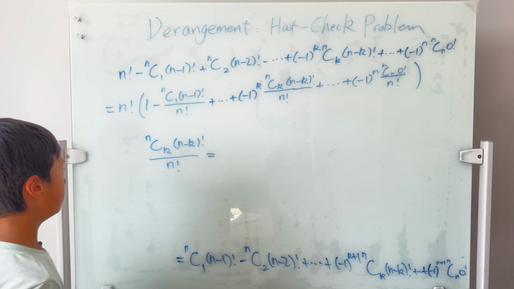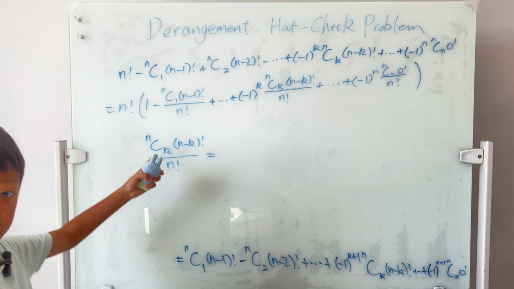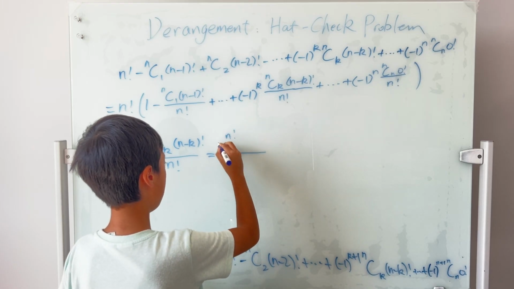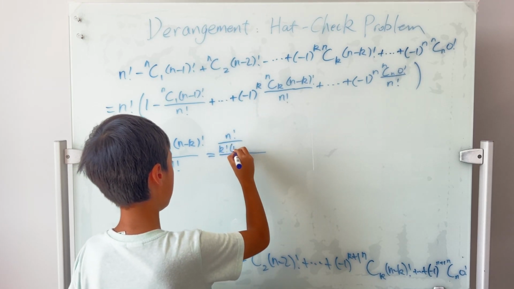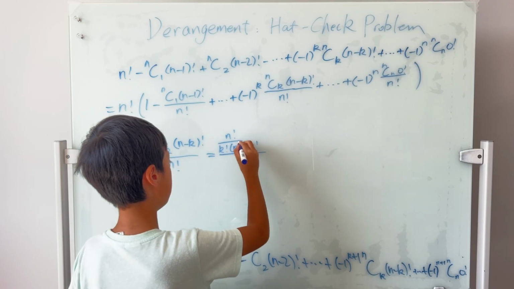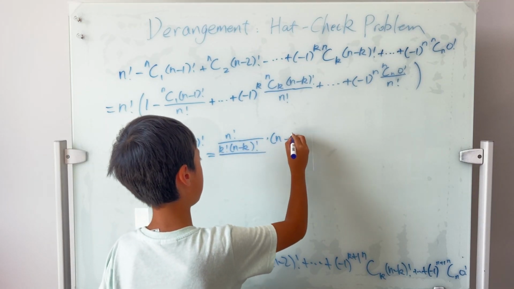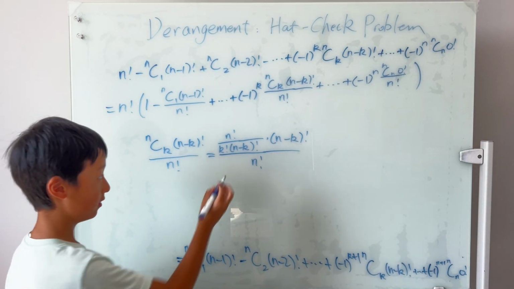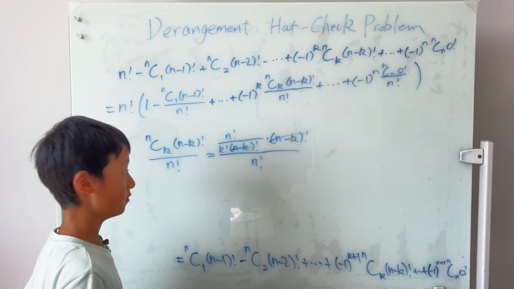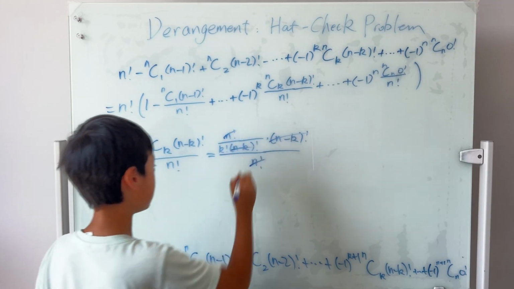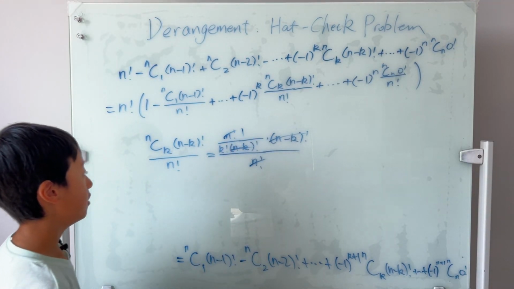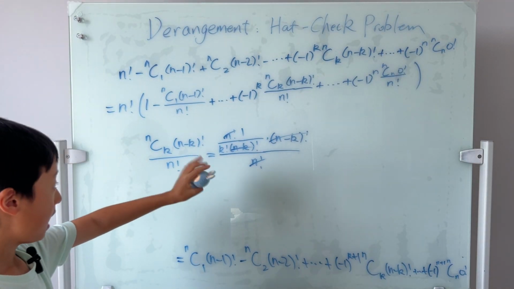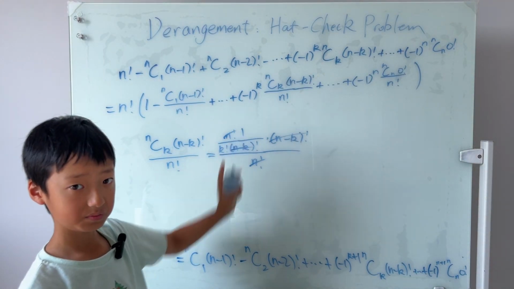This is equal to, first I'm going to open Cnk, which is the formula n factorial over k factorial times n minus k factorial, times n minus k factorial over n factorial. Look, cancel, cancel, and yet again, cancel, cancel. So this term will just be 1 over k factorial, right? And just don't forget to add this.